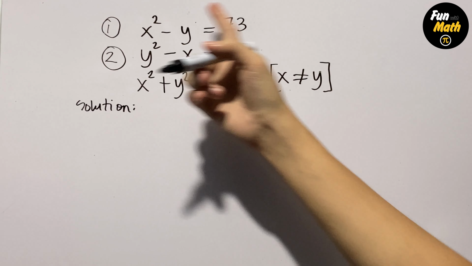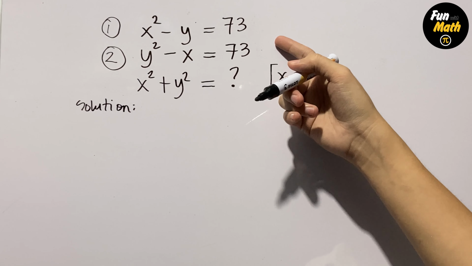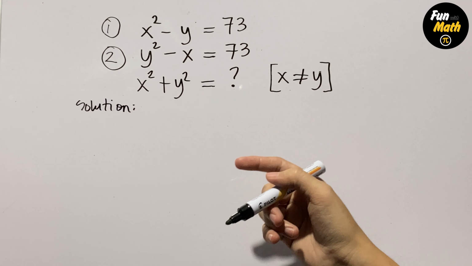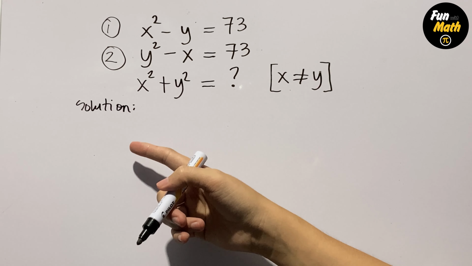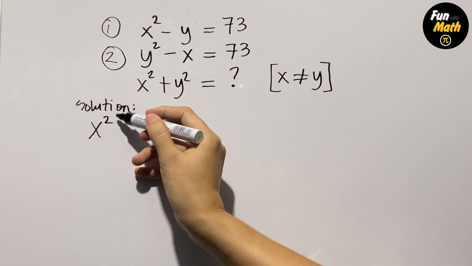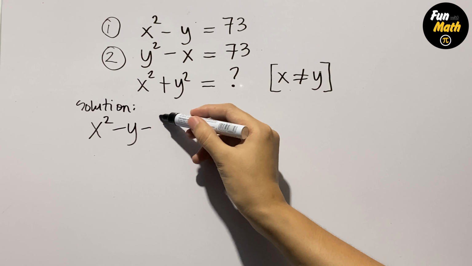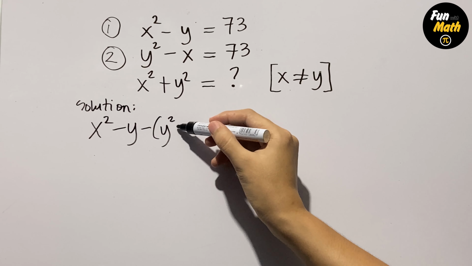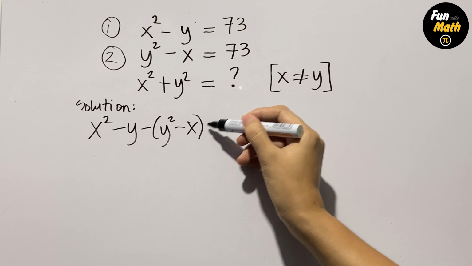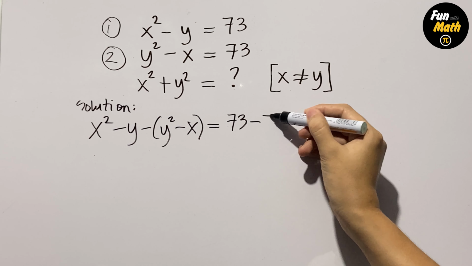The first equation and second equation, we are going to subtract. Okay? We are going to subtract, and that is x squared minus y, minus y squared minus x, equals 73 minus 73.